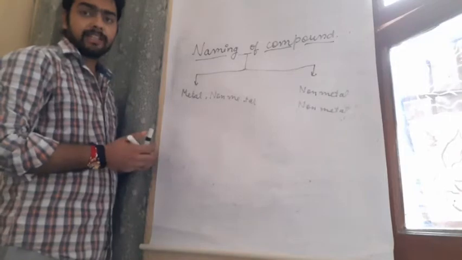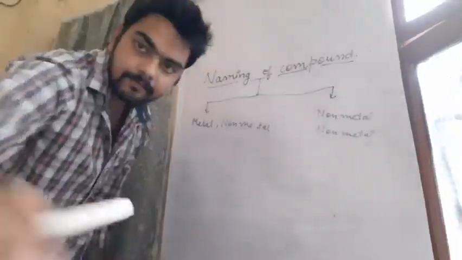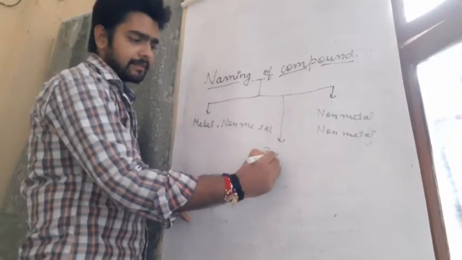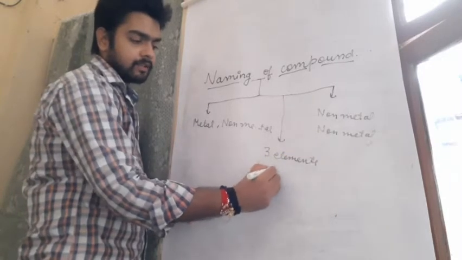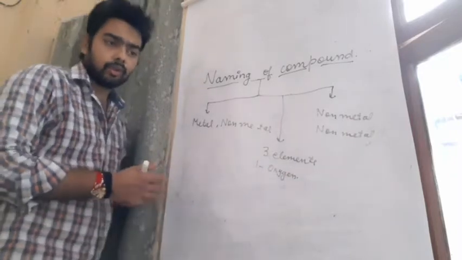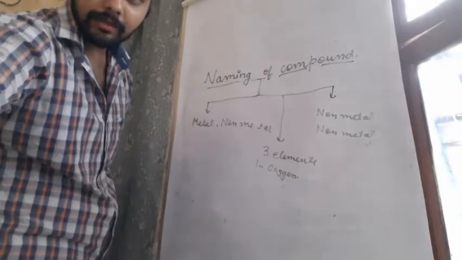And if we want to classify them more specifically, then we may talk about where three elements are present, and one of them is always oxygen. Okay, so let us start with when we have to talk about a metal and a non-metal.